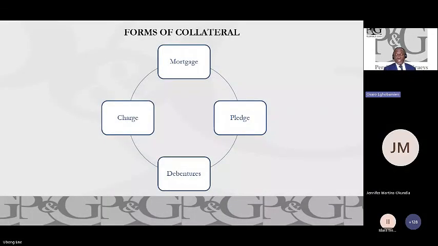Pledge is very interesting. Of course, the traditional pledge would just be taking the goods itself, taking possession of the good, constructive or actual possession. But because the system is becoming more sophisticated, you're going to have documentary intangibles, documents that represent the rights to a particular asset, and abstract assets.